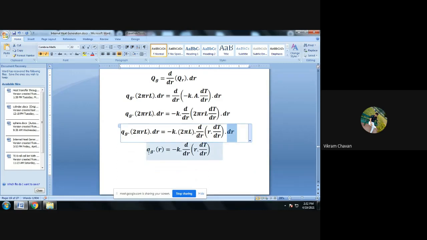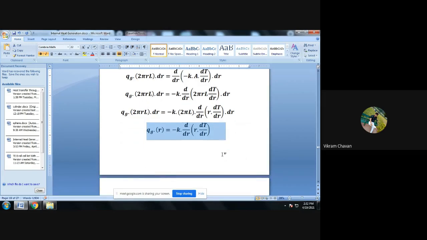So what is remaining is small q suffix G multiplied by R is equal to minus K multiplied by the differentiation with respect to R of R multiplied by dt divided by dr.